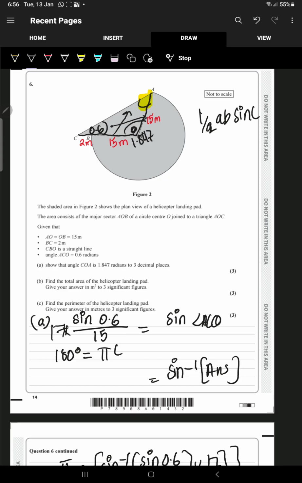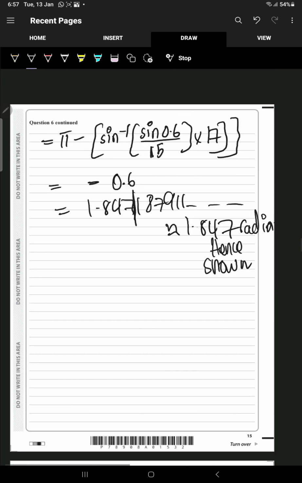Now we need to find this reflex angle, the major angle over here. We can subtract it from 360 degrees, which is 2 pi radians. So we can write 2 pi minus 1.847, and we can use the area of the sector, which is half r squared theta. We need two areas, so we are going to add these two areas.